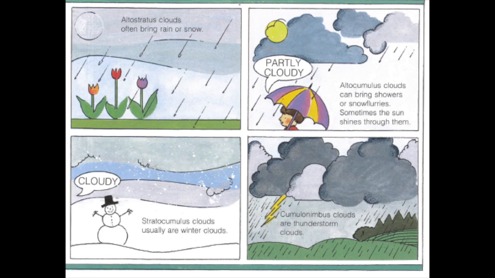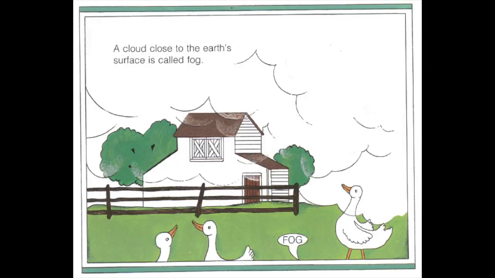Stratocumulus clouds usually are winter clouds. Altocumulus clouds can bring showers or snow flurries. Sometimes the sun shines through them. Cumulonimbus clouds are thunderstorm clouds. A cloud close to Earth's surface is called fog.